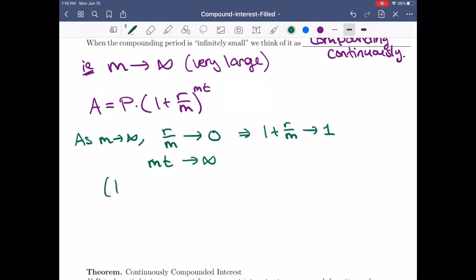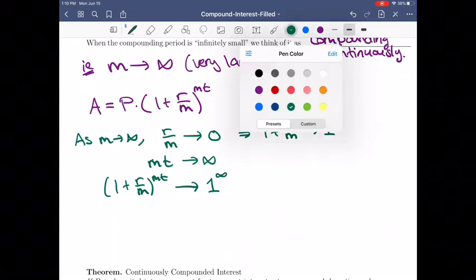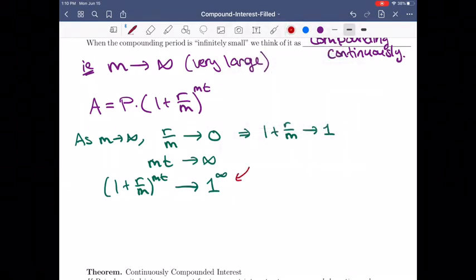So we say that (1 plus R over M) to the power MT is approaching 1 to the infinity, but this we call an indeterminate form. So it's hard to say what happens.